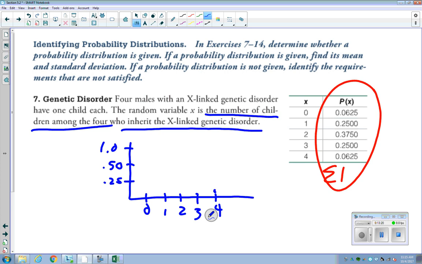And 4 is way down low. 0 is way down low. 1 is at 0.25. And 3 is at 0.25, right? And 2 is at 0.375. Look. There's our normal curve. That's our distribution. It's a very normal distribution in this case. It doesn't have to be a normal distribution, but in this case it is. Okay?